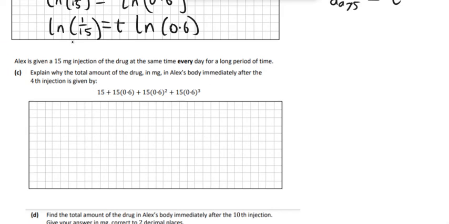So you could write in something like that, so first day, second, third, fourth. So this is how much is left in his body from the first injection, really. So I may actually change the way I'm phrasing it.